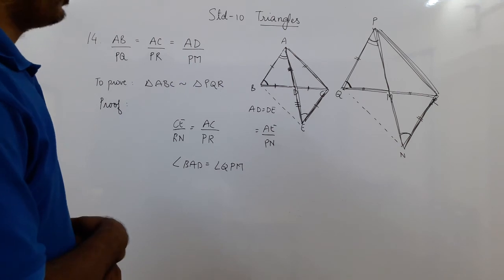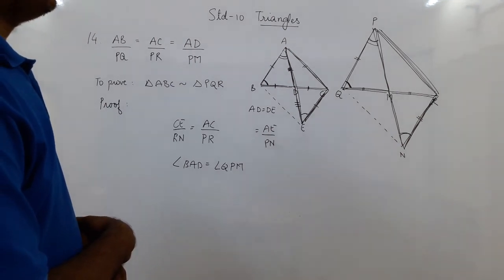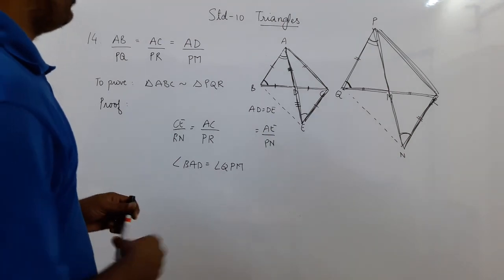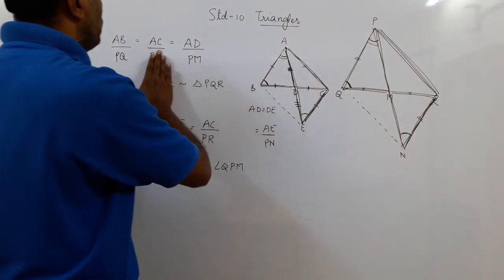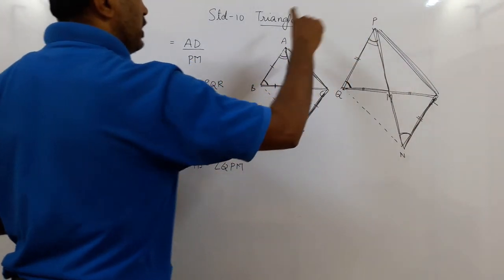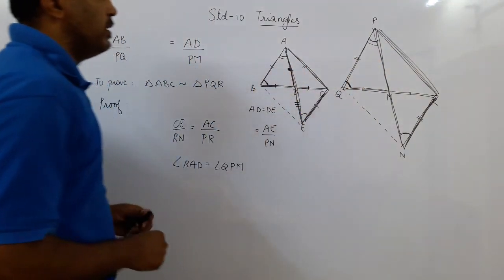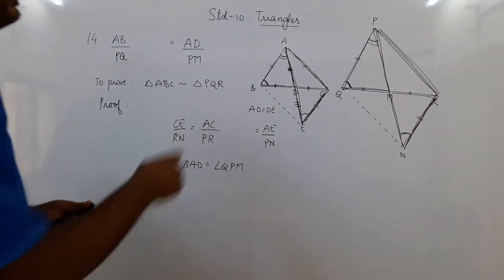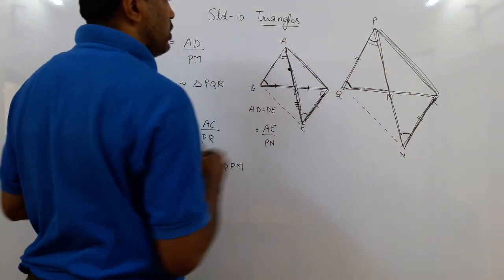Now what I can do further from here? What you can think around? We were given AB upon PQ equal to, I'll remove this now. So see, AB upon PQ equal to AD upon PM and the angle in between is equal. So by SAS, this triangle and this triangle are similar.